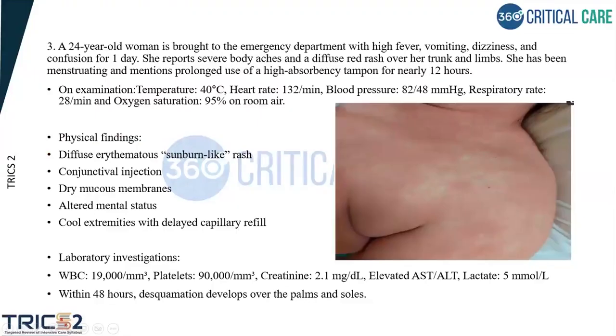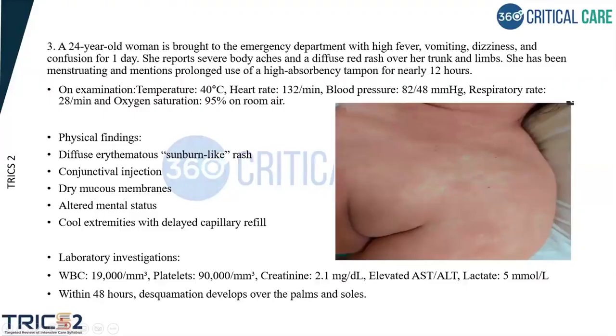So we have a 24-year-old woman who has been brought with fever, vomiting, dizziness, and confusion for 1 day. When you examine, there was some red rash over the trunk and lips, and she has been menstruating, and there is a prolonged use of a high absorbency tampon for nearly 12 hours. This is the hint that they have given here. So she has high grade fever, she's tachycardic, hypotensive, and she's mildly tachypneic.